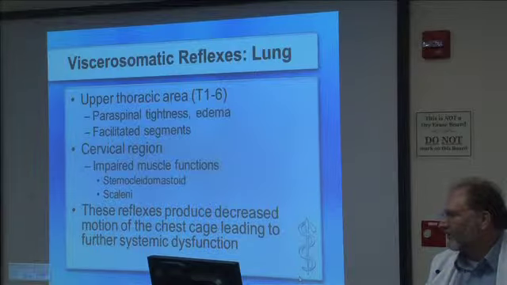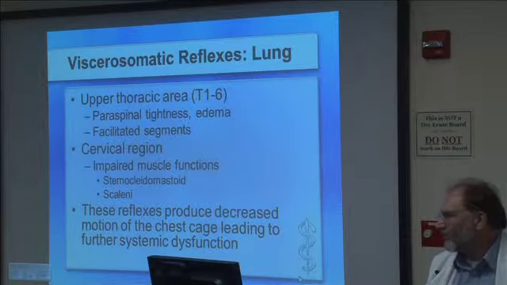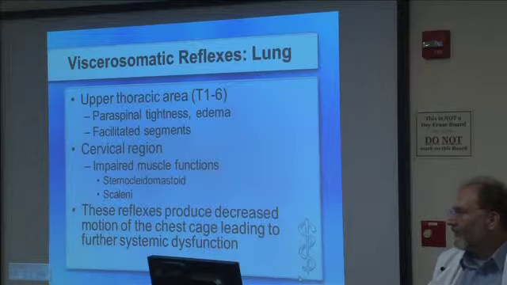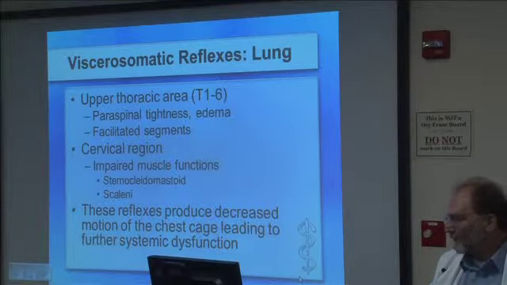So you've got lung issues that are causing referred pain back to that particular region of the spinal cord, but you also have somatic dysfunctions and arthrodial or joint type problems that are generating signals going to the lungs. So you've got this vicious cycle going on, and part of OMT, and in fact the initial research into OMT, started with these facilitated segments.